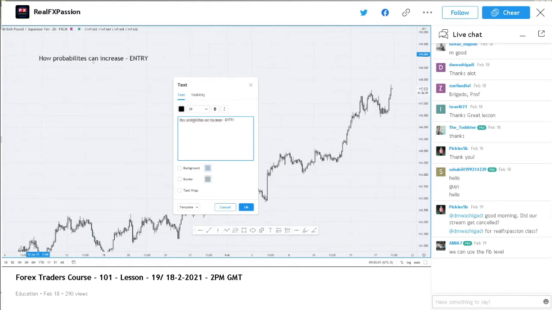What we have learned so far, talking about probabilities, is number one, the market above the uptrend line. Example, buy. We're going to buy the market because the lesson is how to trade support in an uptrend. So market above the uptrend line.